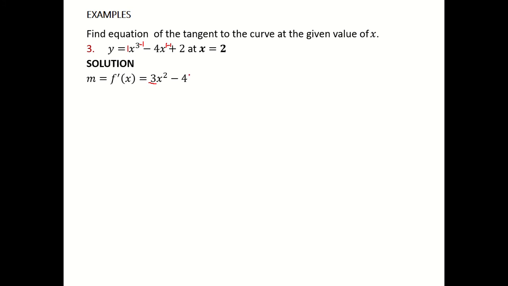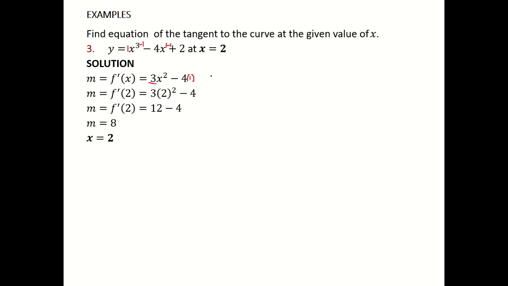So x to the exponent of 0 is 1, but we don't write it. The derivative of a constant, in this case 2 is your constant, is 0. So I don't even need to write that. This is the equation of the gradient of the tangent to the graph or to the curve. And this is what you will find as the gradient. Your gradient will simply be 8.